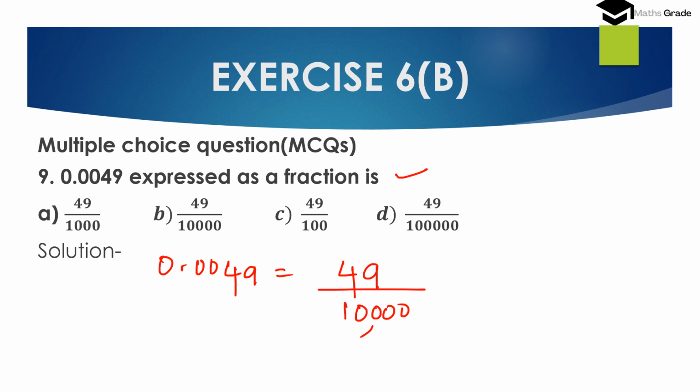So 49 divided by 10,000. In 10,000 there are 4 zeros, and after the decimal point in 0.0049 there are 4 digits. So option B, 49 divided by 10,000, is the correct option.